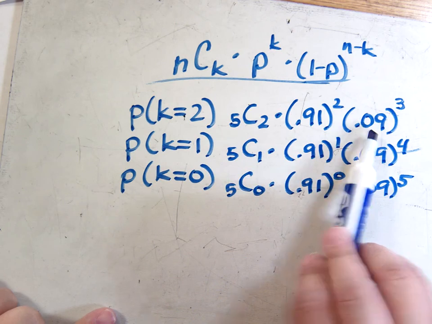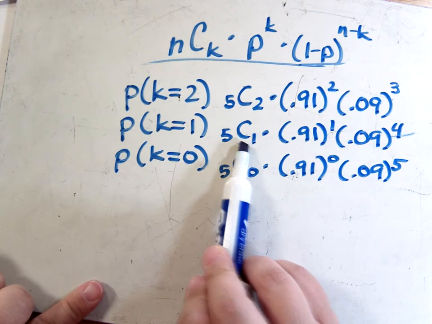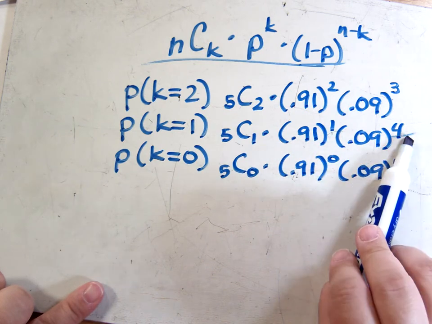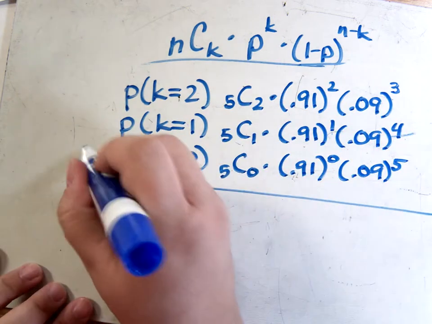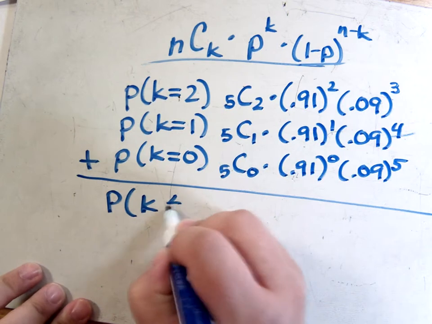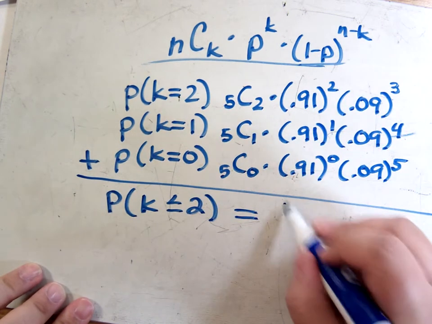So here we are saying, out of 5 trials, I'm successful once: probability of success for 1 time, probability of failure for 4 times, and so on. I would add all these up because k is 2 or less, and I would find the total.